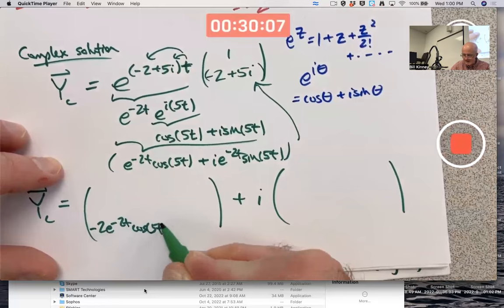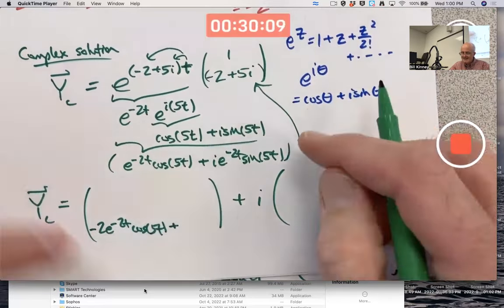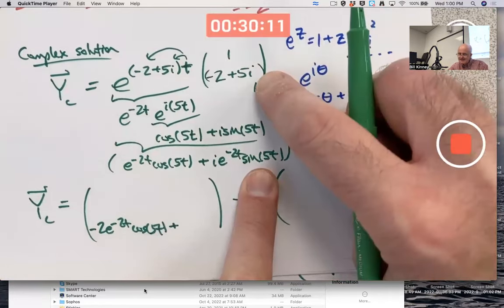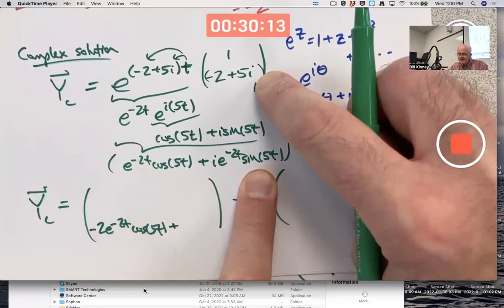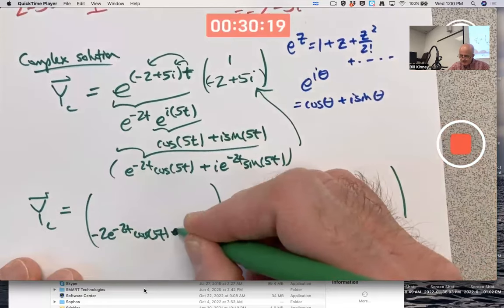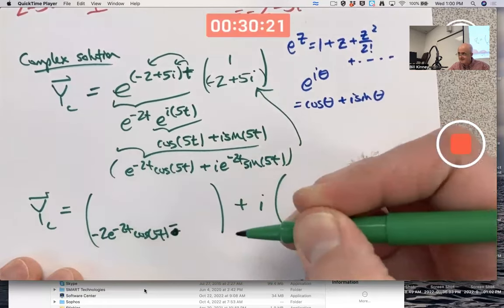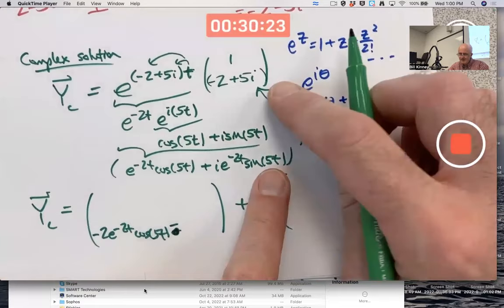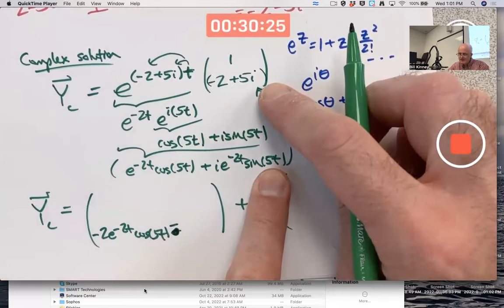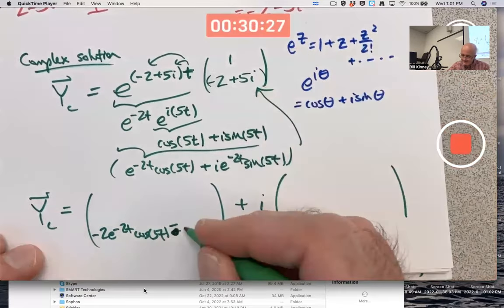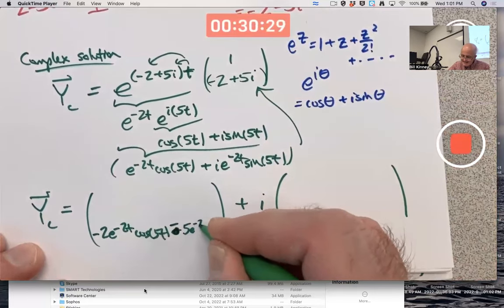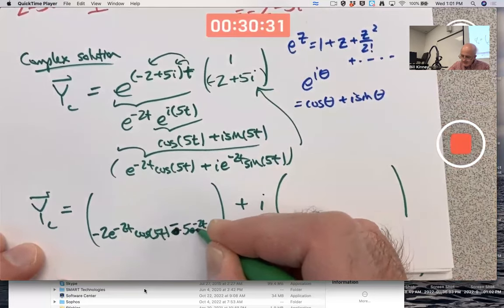Leave space there. And the last times last, careful, you get an i squared, which is negative 1. So that means you get a negative sign. So I should not have written a plus sign. Minus 5 e to the negative 2t sine 5t. And I'm running out of room.